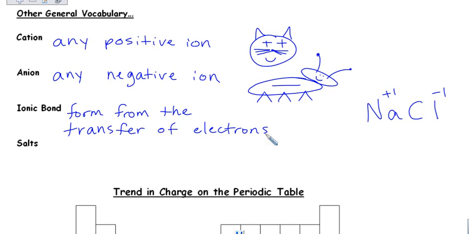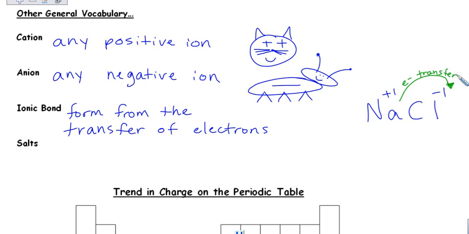Somebody's got to pick it up. Chlorine had 7 valence electrons. He wants 1 more for 8. It's a match made in heaven. The moment the electron is transferred from sodium to chlorine, here's our electron transfer. The bond forms, the magical ionic bond.